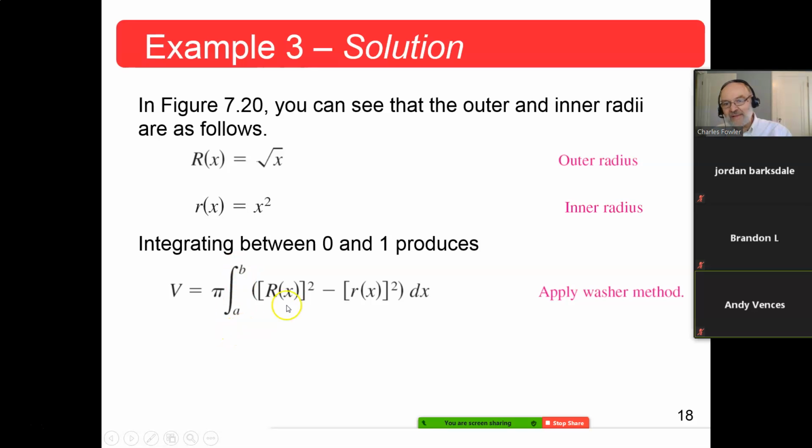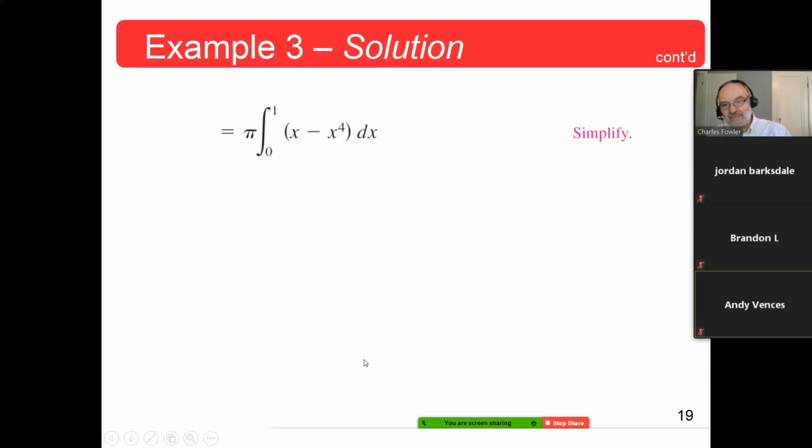Integral from a to b of the capital R squared minus the little r squared dx, and this will be pi times the integral from 0 to 1 of square root of x squared minus x squared squared dx. And of course that comes out being what I've already said, pi times the integral from 0 to 1 of x minus x to the fourth. That I think we can handle, right?